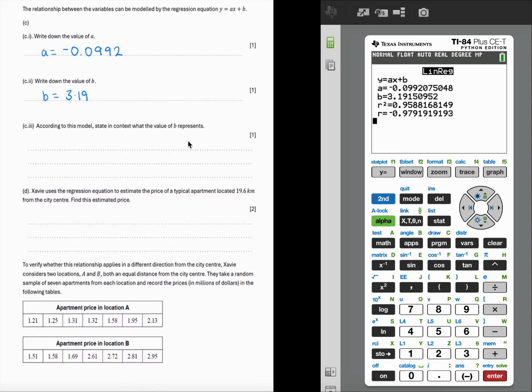So we have the values of A and B. Then according to this model, we need to state in context what the value of B represents. If we think about our y equals mx plus B, we know that B is the intersection with the y-axis. It's where it crosses the y-axis.